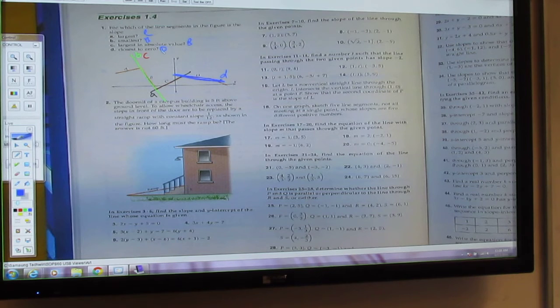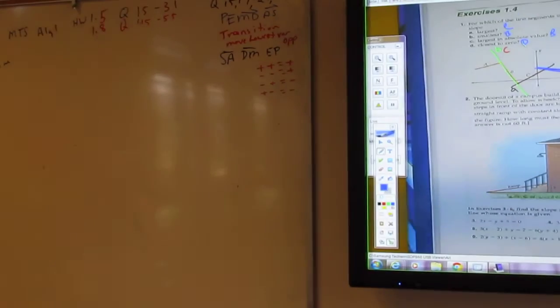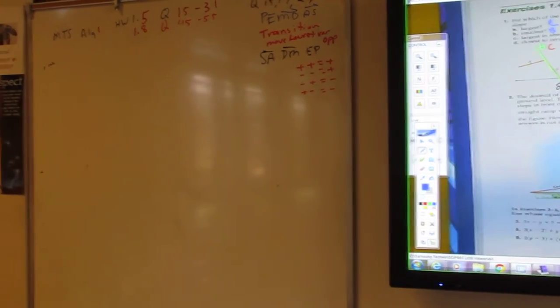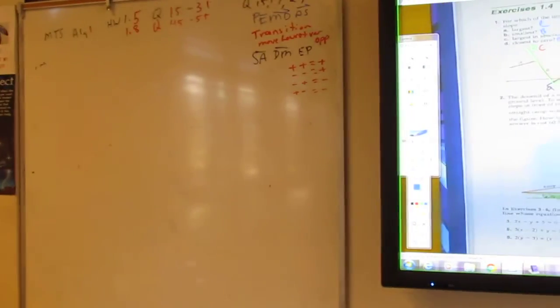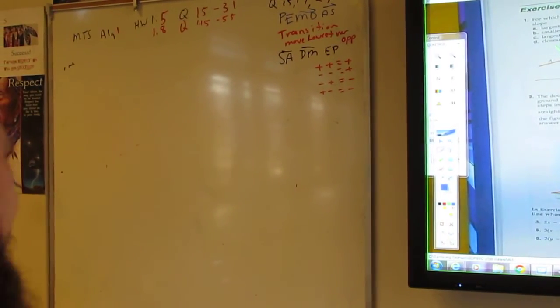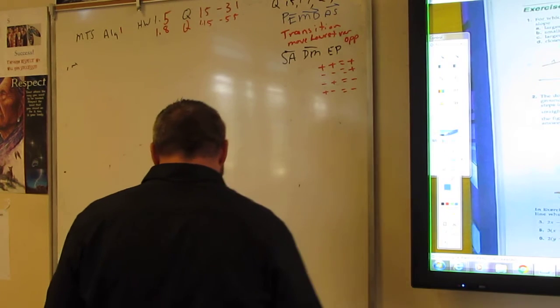Find the slope and the y-intercept of the line whose equation is given. Okay? Number 3.